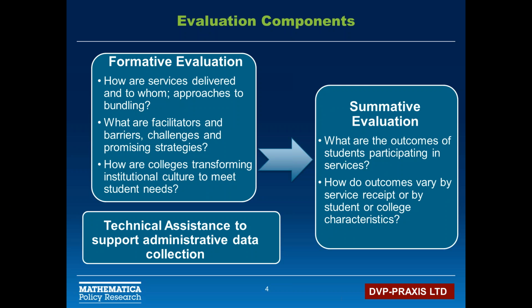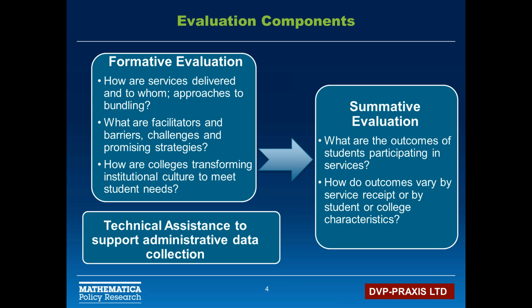But as well, we will attempt to look at the broader contextual factors that might support or perhaps impede implementation, with particular focus on the institutional culture piece, trying to understand how college cultures are transforming or perhaps not, to meet student needs, and understanding why that's happening and what that looks like on the ground.